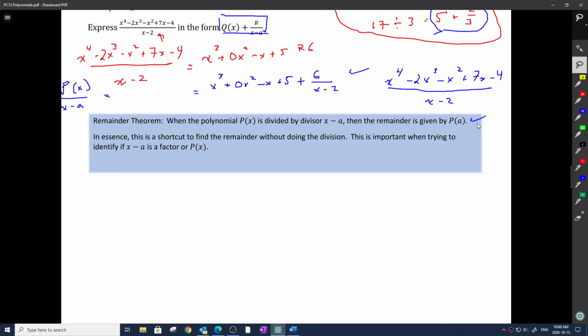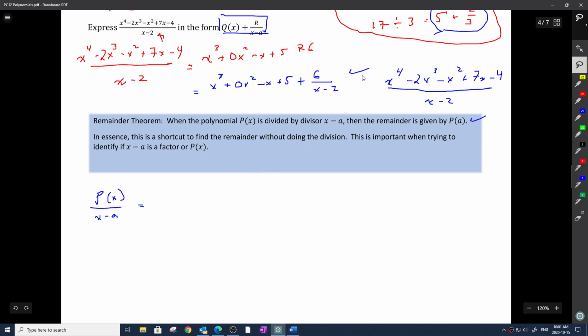Take 2 minutes to try to decipher what this simple sentence means and the consequences of it. When a polynomial p of x is divided by x minus a. What? Okay, let me try to make sense of that.